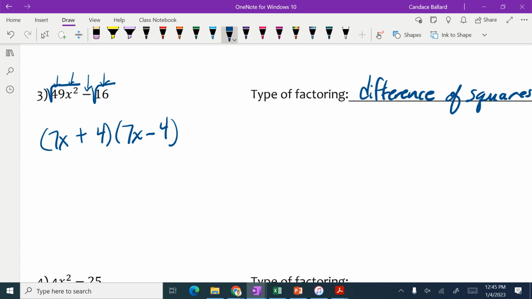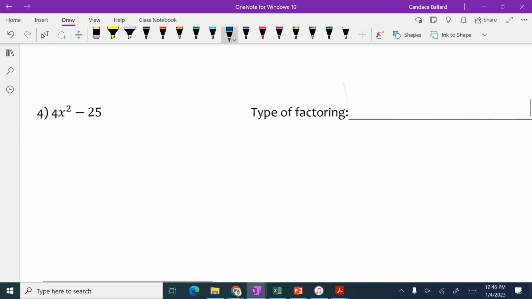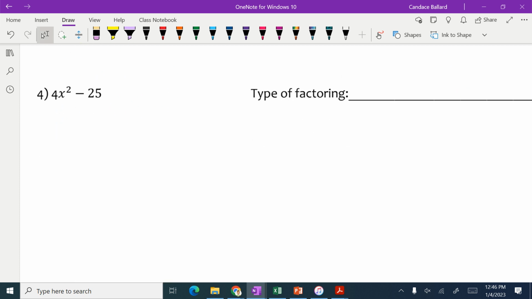The difference of squares. Okay, I want you to check it with somebody at your table. So have a conversation and check and make sure you both got the same answer.